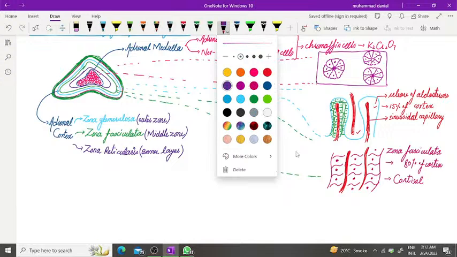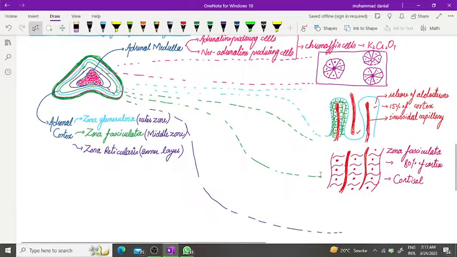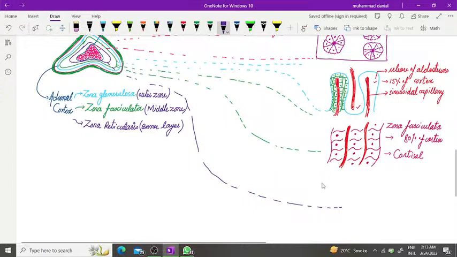Now I will discuss the last layer, that is zona reticularis. The cells of zona reticularis are irregular in shape, but these are also supplied by the sinusoidal capillaries.